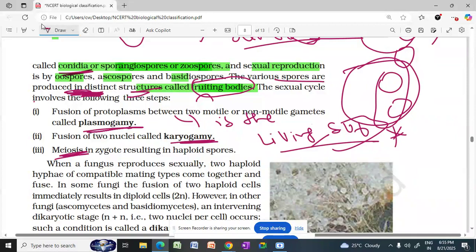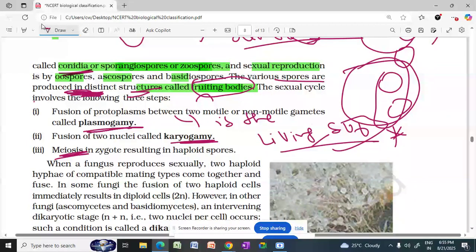But again, these are different. Protoplasm terminology I am using for the living material of the cell, whereas cytoplasm term I am using for the semi fluid substance within the cell.